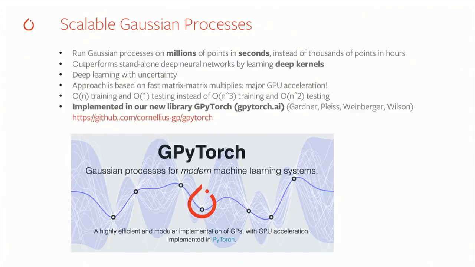Our approach is often grounded on constructing fast approximations to matrices, which will enable fast matrix vector multiplies, and this harmonizes very beautifully with GPU acceleration. And in fact, a lot of this work has been developed as part of our new package called GPyTorch, so Scalable Gaussian Processes in PyTorch.